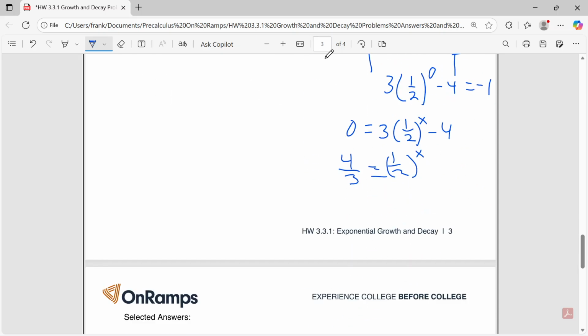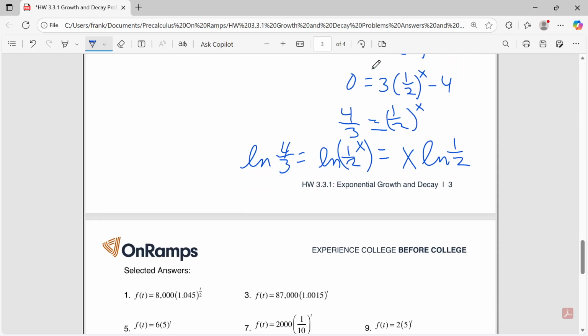I'll take the natural log of both sides. Natural log of 4/3 equals natural log of 1/2 to the x equals x natural log of 1/2. I can take the exponent, put it out in front. And then if I take natural log of 4/3 and divide by natural log of 1/2, that equals x.